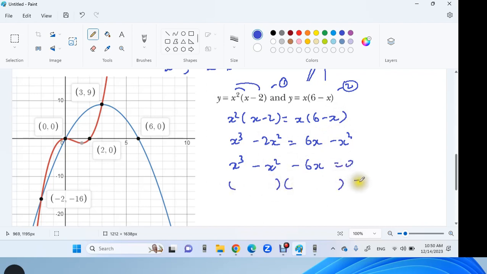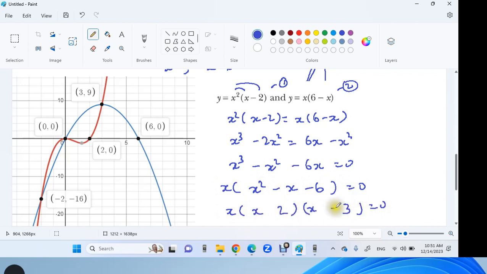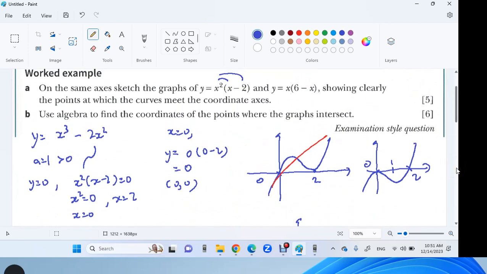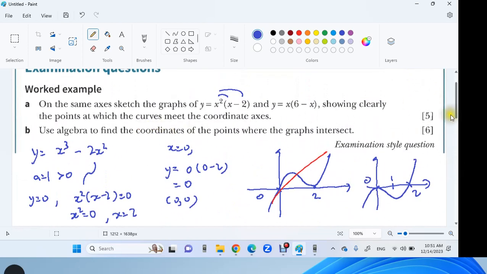Then we do the factorization for x first. Then we have x(x squared minus x minus 6) equal to 0. Then we open the brackets, equal to 0, (x minus 3)(x plus 2). So we have x equal to 0, x equal to negative 2, and x equal to 3. The question wants us to find the coordinates.